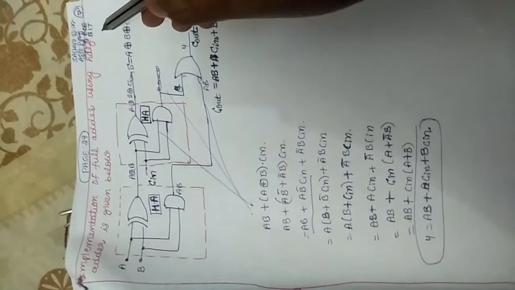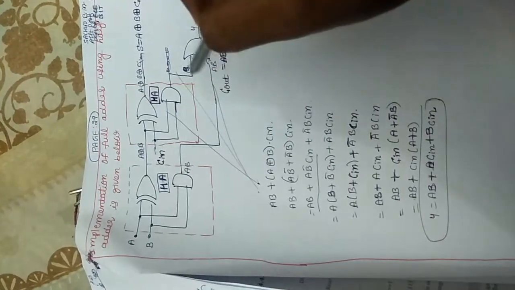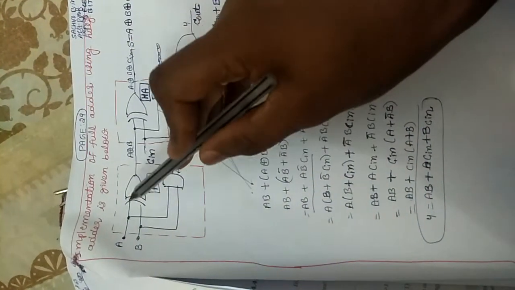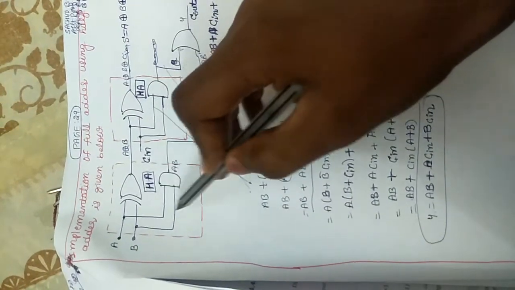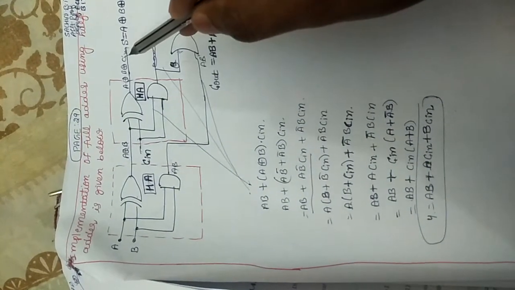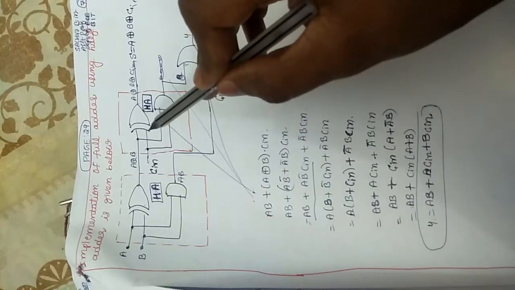Now we can implement the full adder using 2 half adders. This is one half adder and this is the second half adder. The output of this XOR gate is A XOR B and this one is AB, and the output of the second XOR gate is A XOR B XOR C in, since you have C in as input here.